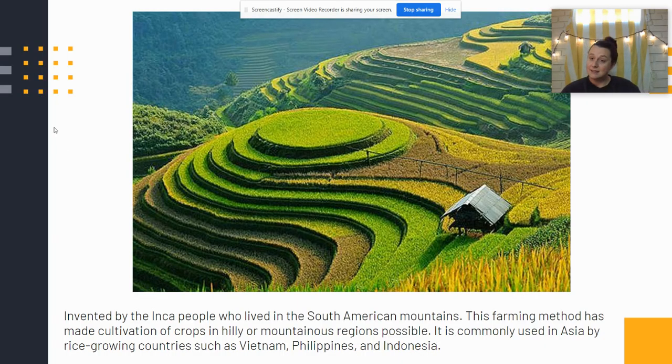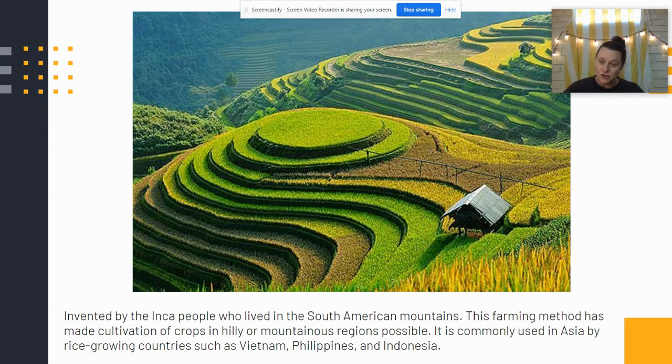And then, my last example is one of the oldest examples of possibilism that I can really think of. This kind of environment right here on the hillside, these kind of steps, they're called terraces. And again, we'll come back to this when we talk through agriculture. But terraces were invented by the Inca people living in the South American mountains. And so basically, mountains are not ideal to grow crops on, right?